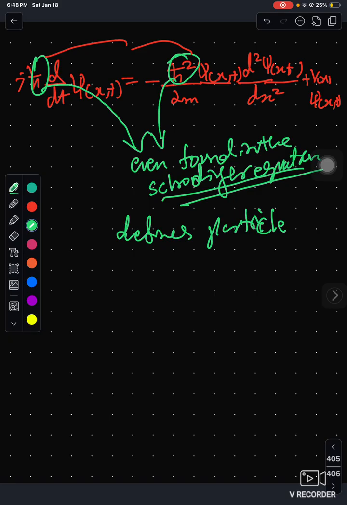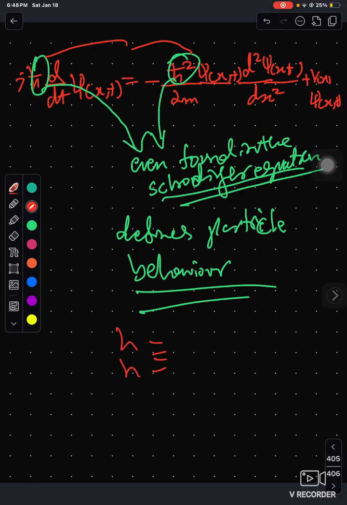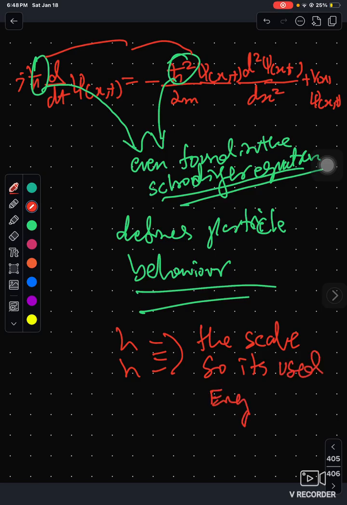Since we know that h and h bar represent the scale, they are used everywhere in quantum mechanics.